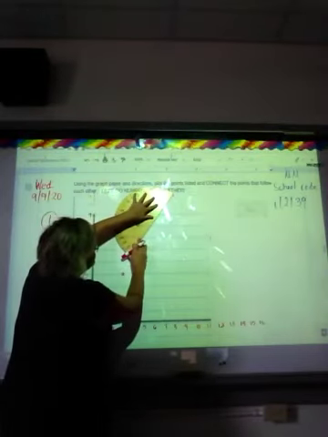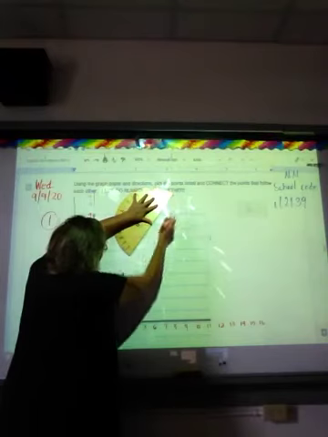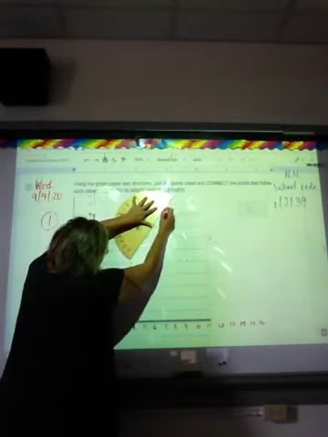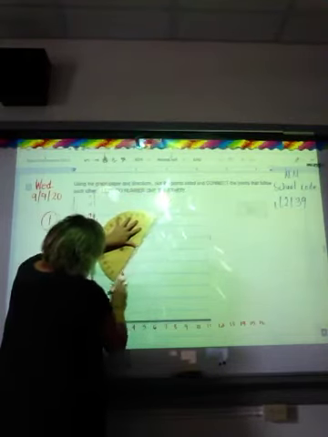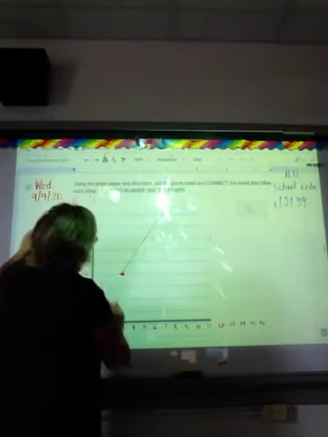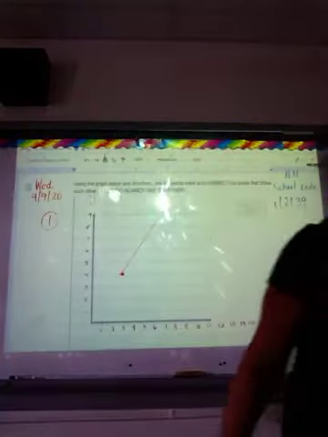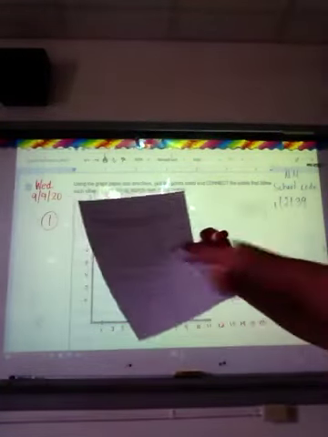But you can use whatever you have. The ruler's probably the best, but try to line it up. Get it just about right. Okay, so I connected those 2 points. Now I've got to go back here.